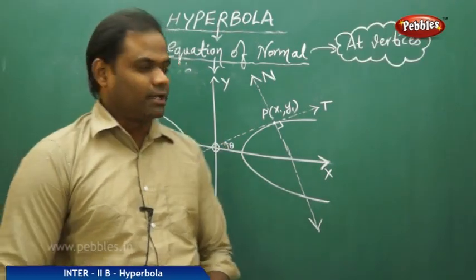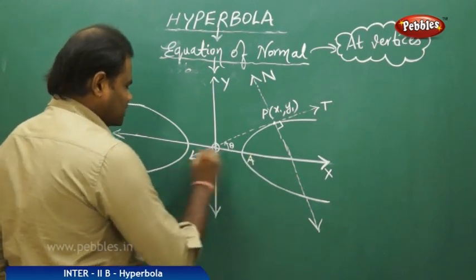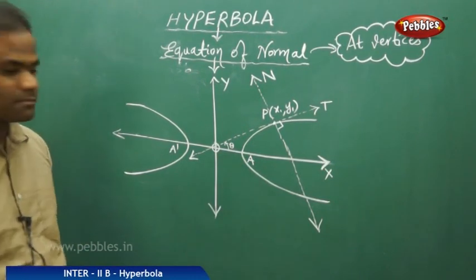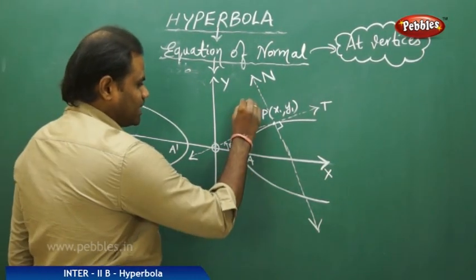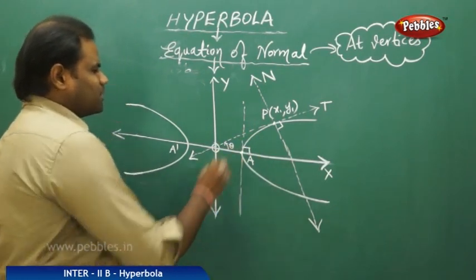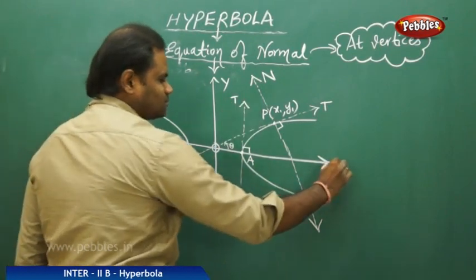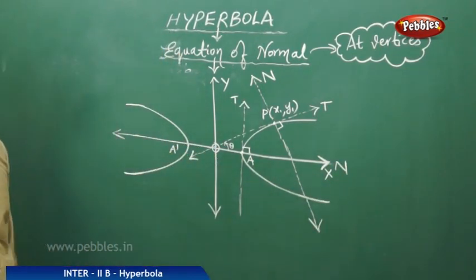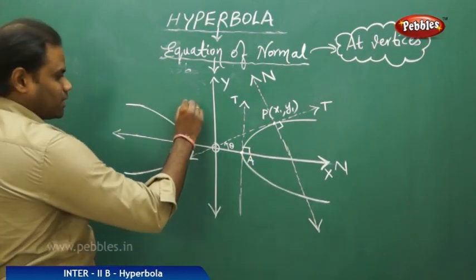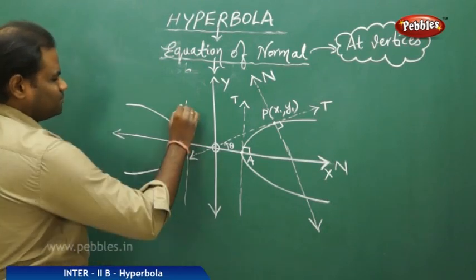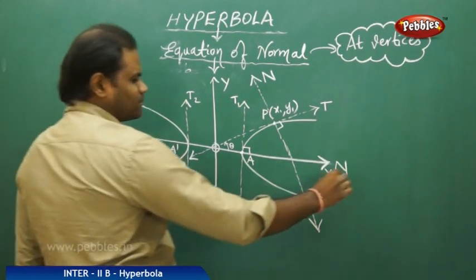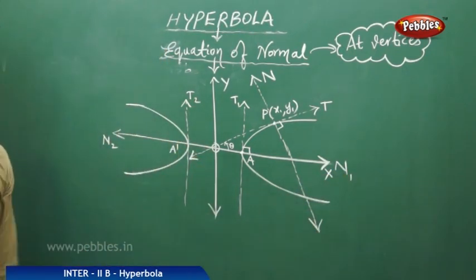Now let us take the special case of the vertices A and A'. So what is the equation of normal at the vertices? So for example, I draw a tangent out here, then the x-axis is perpendicular to the tangent. So if this is the tangent, this will be the normal because this is perpendicular to this and passing through A. Now for the point of contact here, similarly, if I draw the tangent, then this will be the normal for this tangent.